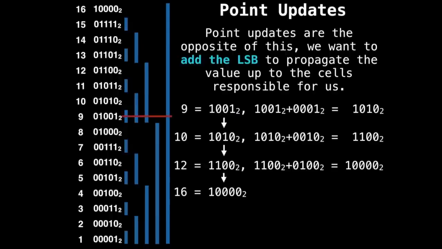If I draw a line outwards from 9, all the cells that I hit are the ones I have to update. Remember, those lines represent a range of responsibility. So the lines that I hit are the ones that I got when I added the least significant bits.